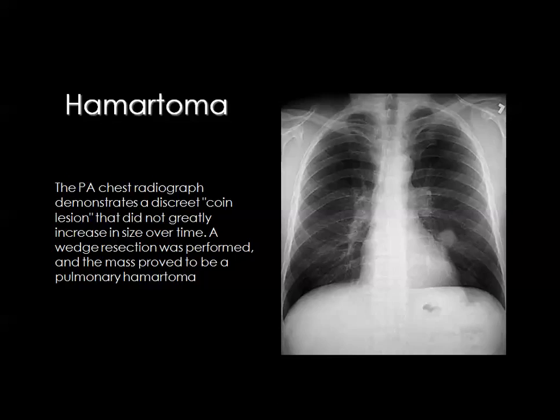Then the hamartoma is a benign lesion made of normal cells arranged in abnormal location. And the hamartoma being asymptomatic, it is usually seen in the adult patients and less frequently seen in the pediatric cases. And this is an example of a pulmonary nodule which is located in the left lung base.